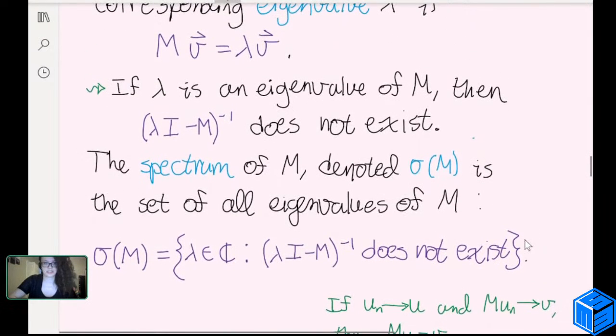So we want to generalize this notion of eigenvalues and spectra now to operators, so infinite dimensional matrices. And it turns out that this isn't very easy, and we actually need to put some restrictions on our operators before we're able to actually talk meaningfully about their spectra.